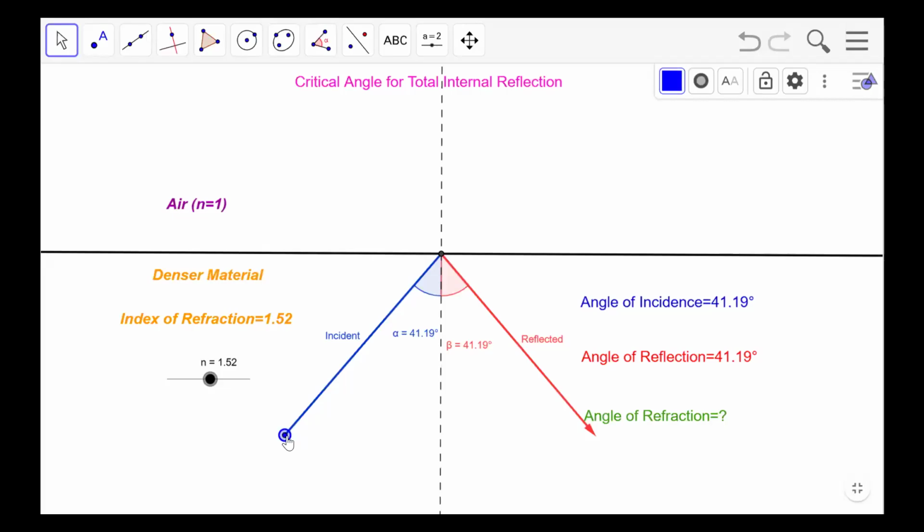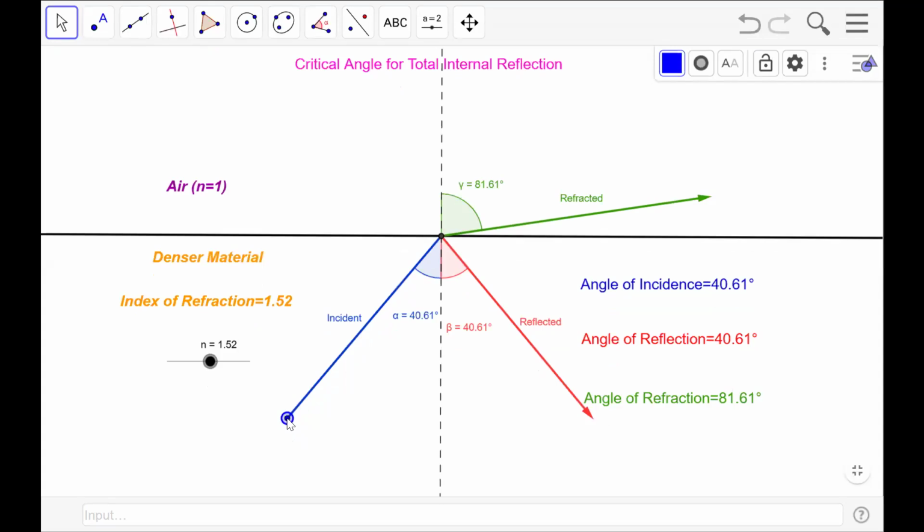So now you can see that for the denser medium, the incident angle is 40.61 and the refracted angle is 81.61 degrees. So I am increasing the angle.